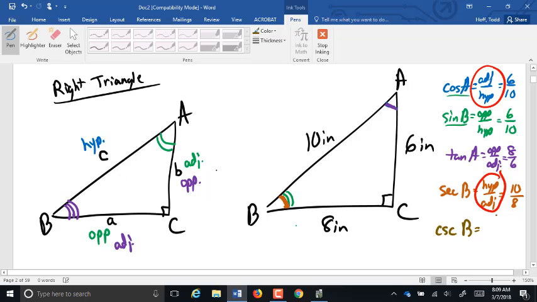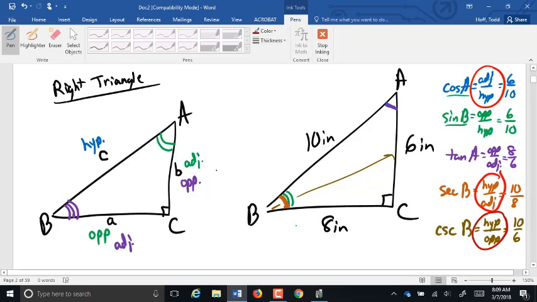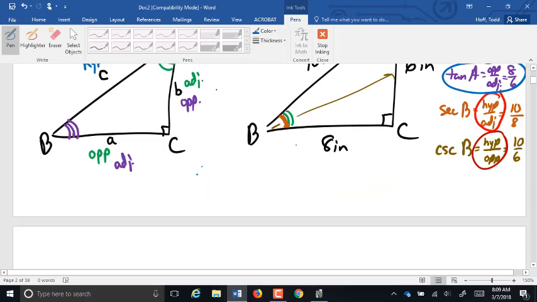Cosecant of B. Cosecant is hypotenuse over opposite. So that'd be 10 over, this is angle B, the opposite is 6. Again, note, sine and cosecant. Sine is opposite over hypotenuse. Cosecant is hypotenuse over opposite. They're reciprocals. Well, we're on the topic. Tangent is opposite over adjacent.